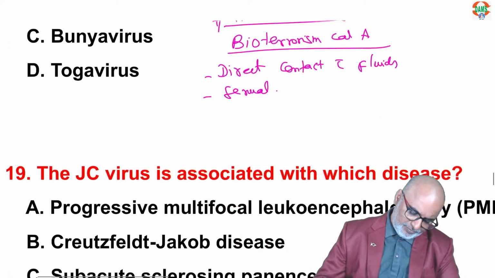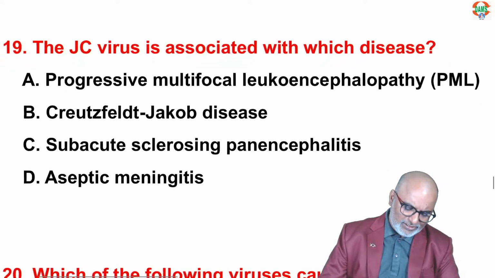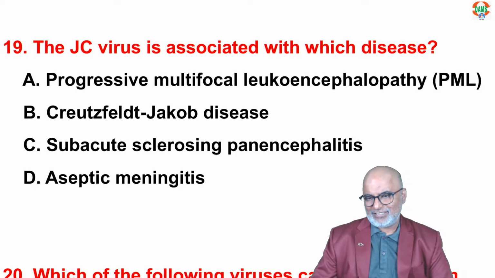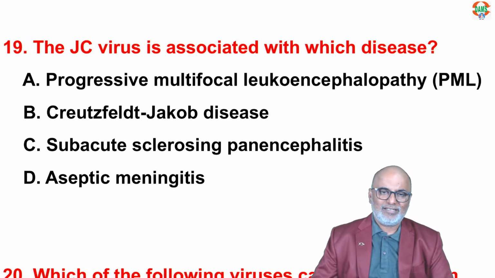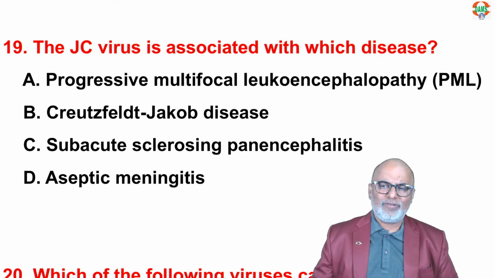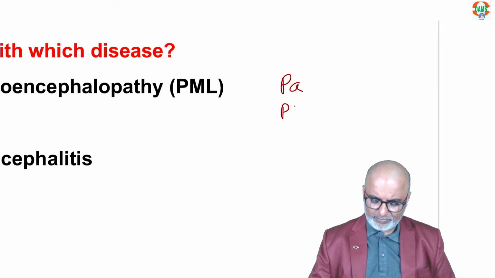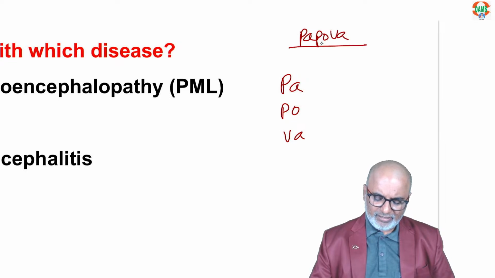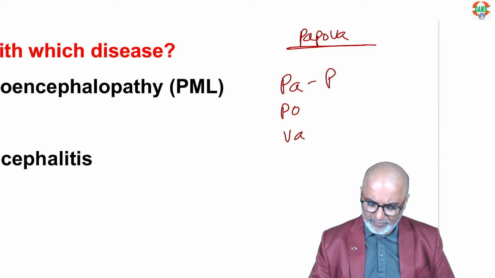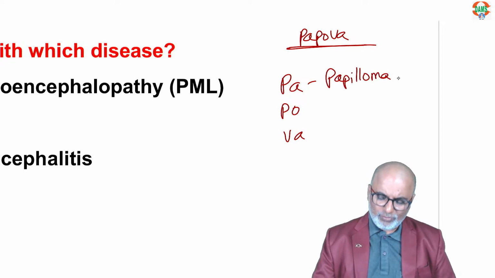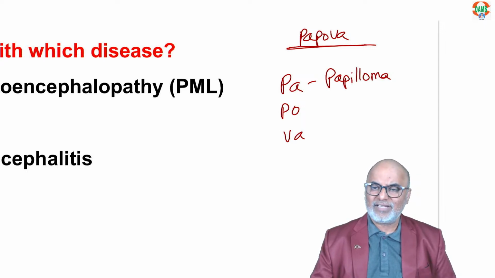Next: JC virus is associated with which disease? John Cunningham virus. It is a polyomavirus. Remember human papillomavirus, Papovaviridae, which includes 3 viruses. One is papillomavirus, human papillomavirus, which causes cervical cancer.